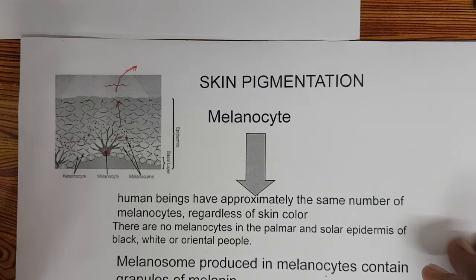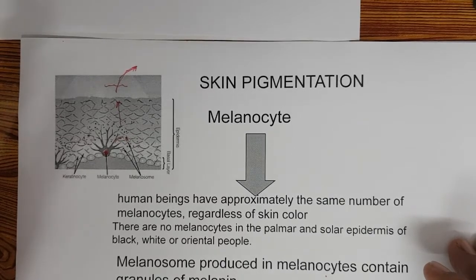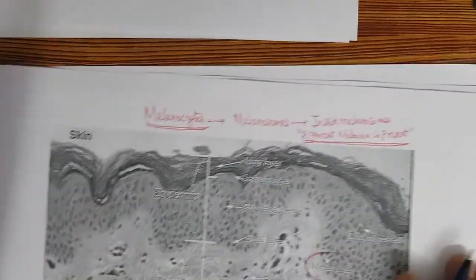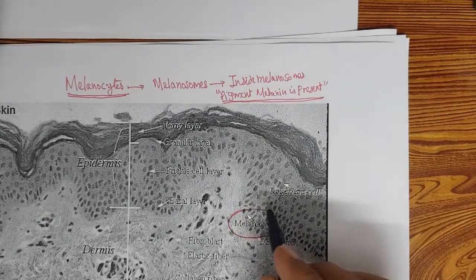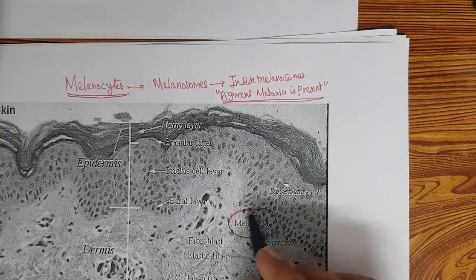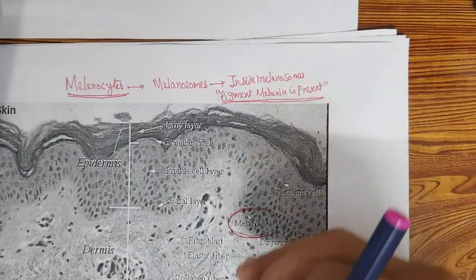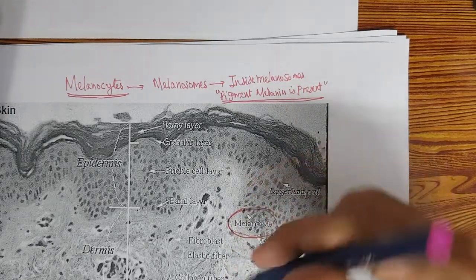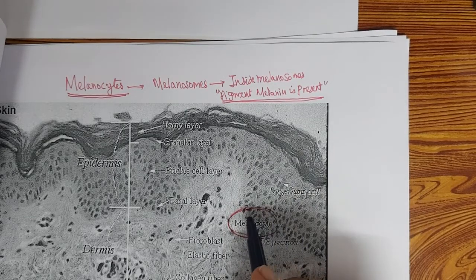Melanocytes are present in the epidermal junction, we saw that, right? That is in the basal layer. This is called the basal layer. This is the junction between epidermis and dermis. This is dermis, this is epidermis. In the junction, these cells are present, melanin cells, melanocytes.